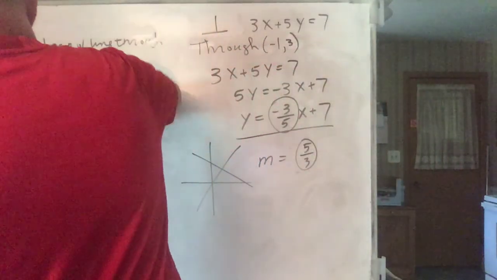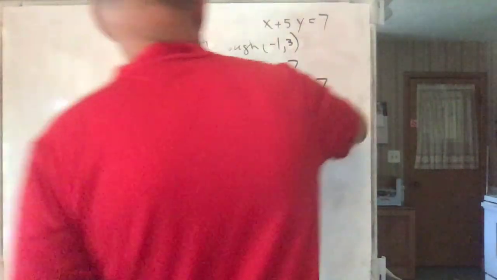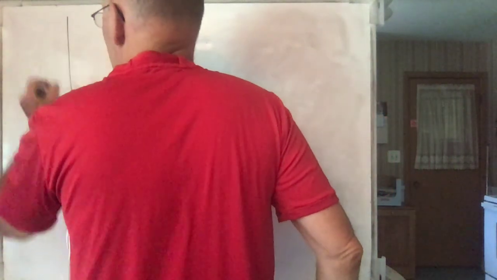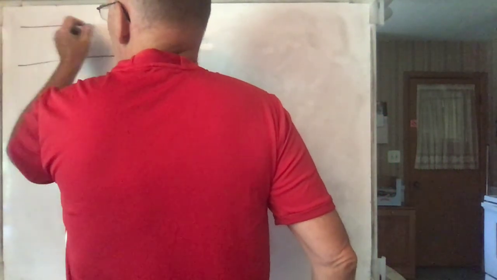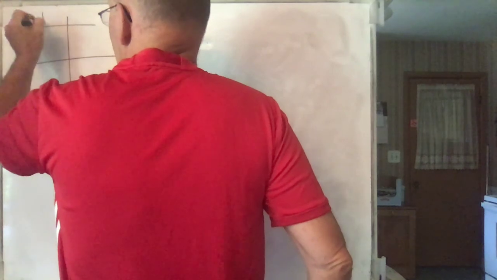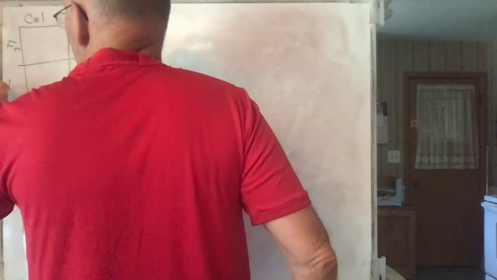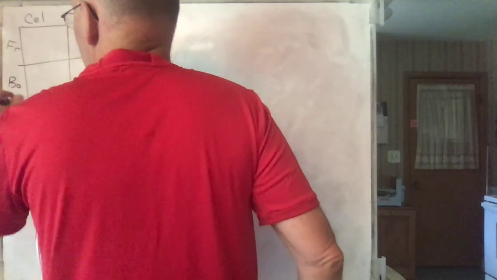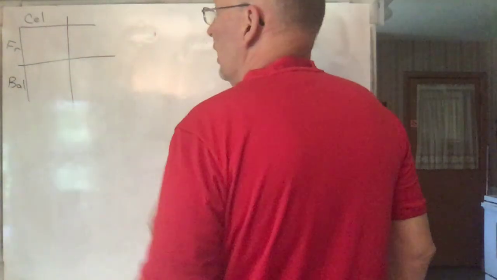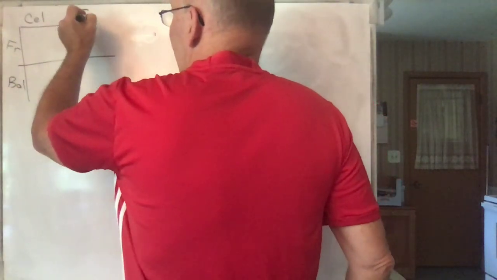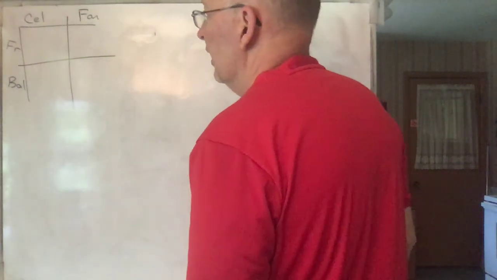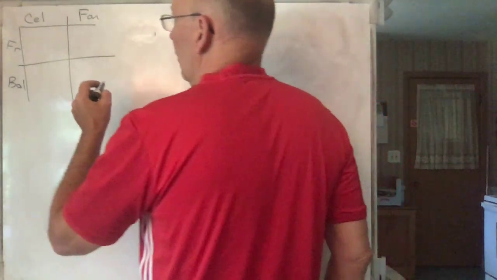Okay, very good. Let's do one kind of nice example of lines. In the Celsius system, here's freezing, here's boiling, and we also have the Fahrenheit system. Let's start with Fahrenheit.